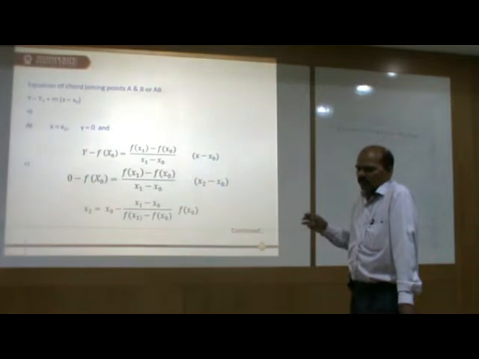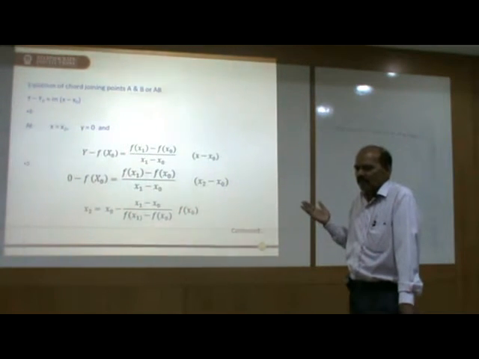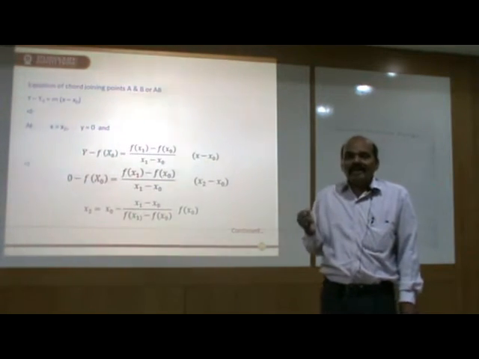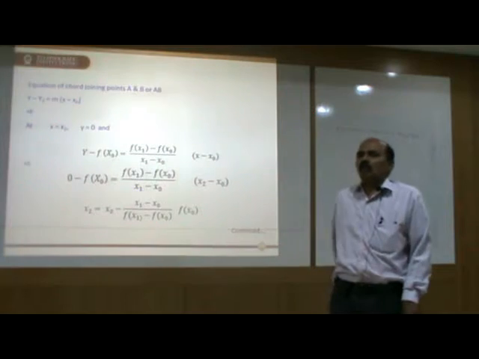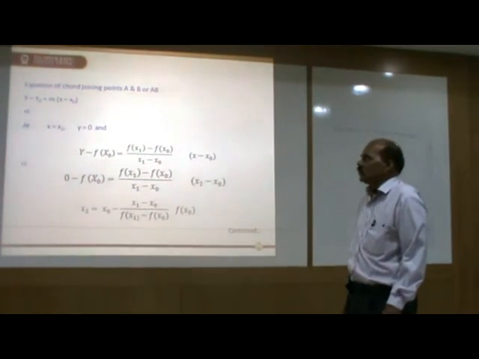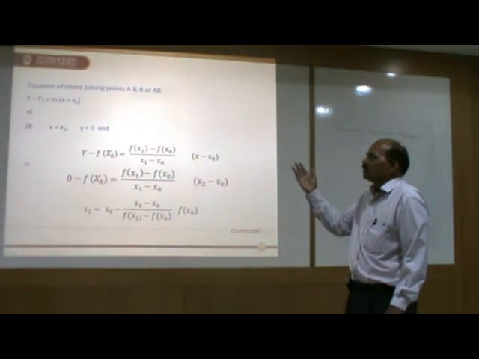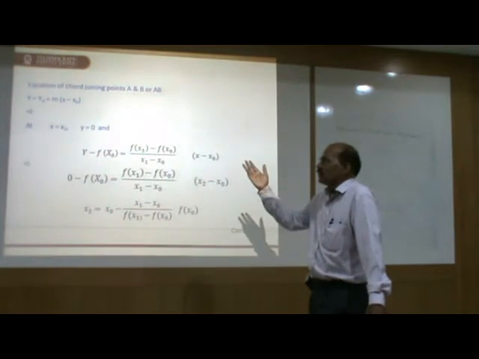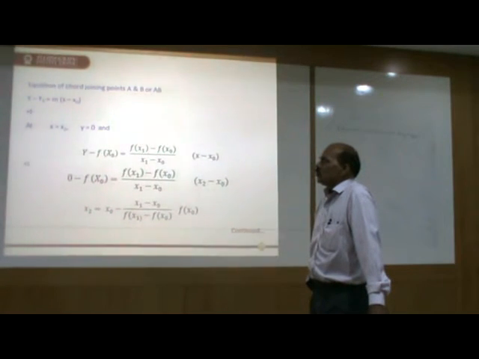Now, what this method actually does is replace the equation of the curve by means of a chord and take the point of intersection of the x-axis and chord as an approximation to the root. So I have found the equation of chord AB. The equation of the chord is nothing but the equation of a straight line, y - y0 = slope into (x - x0).